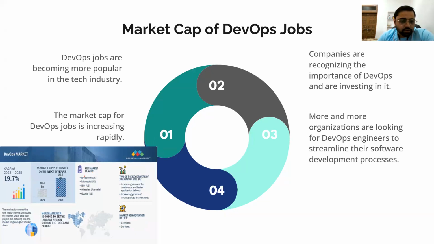After that, there are lots of jobs in the market, and you can check this graph too. The market will go up in the coming years also. In 2028, we are expecting the market cap to be around 25.5 billion dollars, and right now the DevOps market is 10.4 billion dollars. As you can see from the analysis, the DevOps market will grow over time.